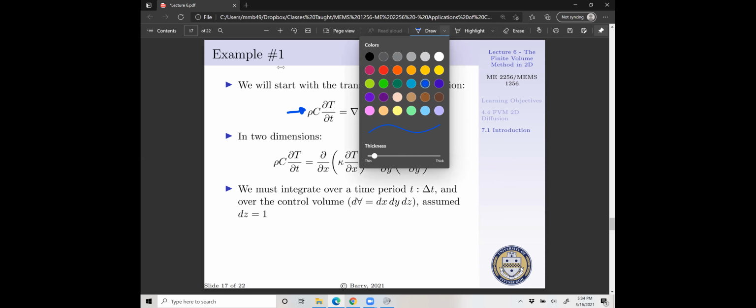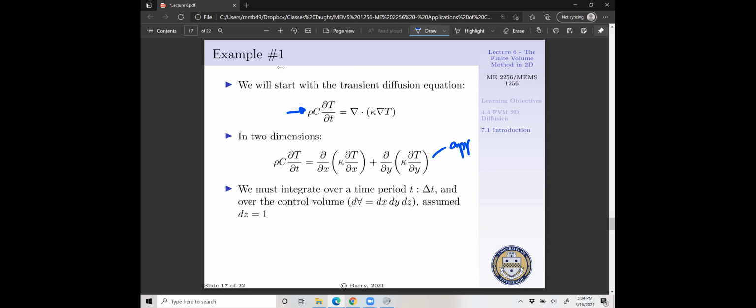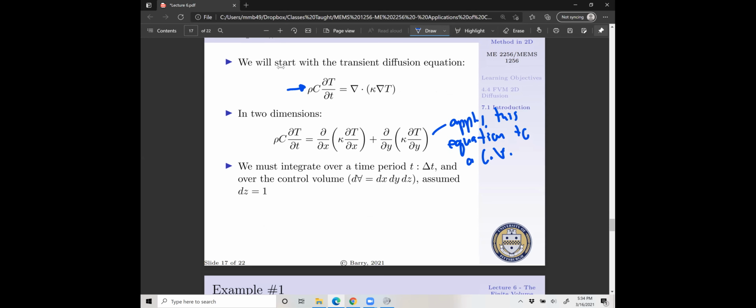So what we need to do is recognize that we need to apply this equation to a control volume. Recall our control volume is going to have a length in the x direction, delta x, a height in the y direction, delta y, and a width in our z direction, delta z.